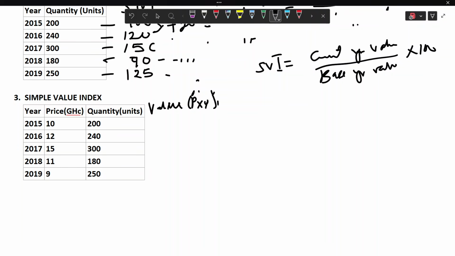How do you find the value? The value is the price times the quantity. So we have price here and quantity here. So 10 times 200, we have 2000.